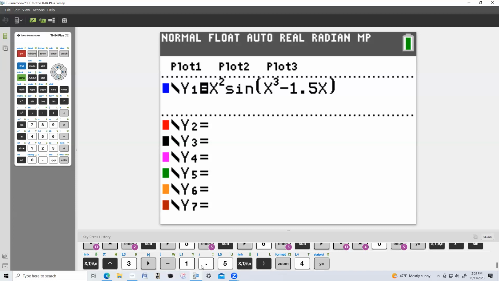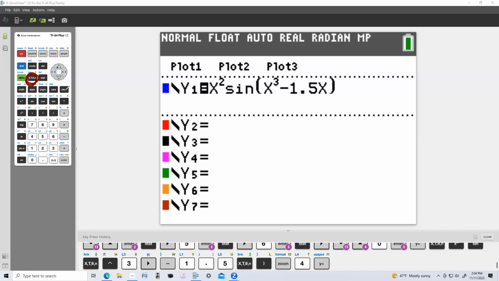Okay, you can pause. Again, the TI-84s don't use t, you use x. So that's this button right here. So instead of t squared, we have x squared times sine of x cubed minus 1.5x. Again, we're using x instead of t. Okay, if you need to pause, please do so.